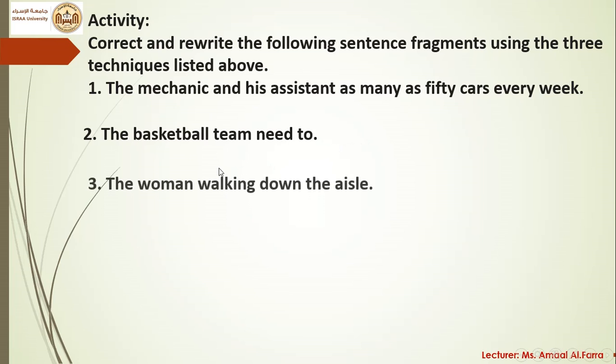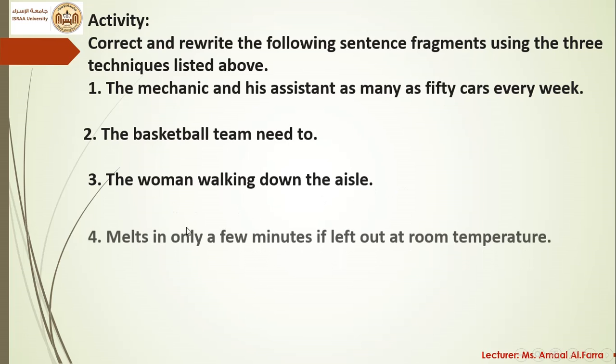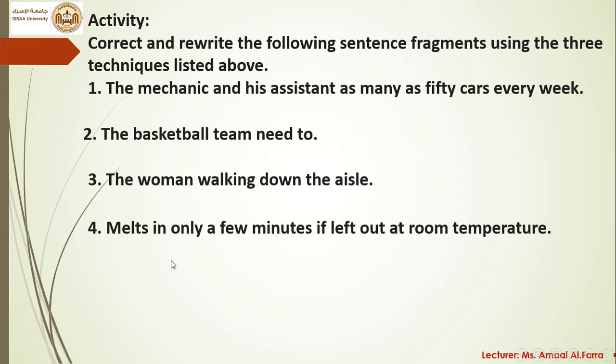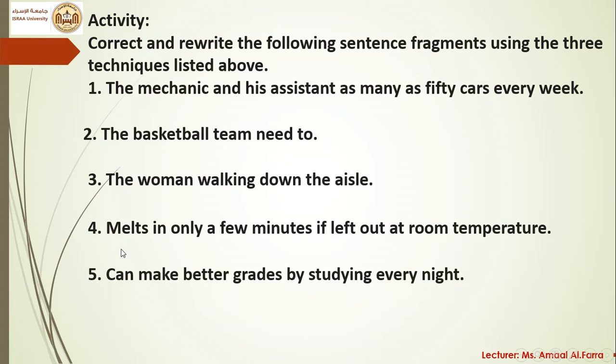Number 3, the woman walking down the aisle, what happened to this woman? Number 4, melts in only a few minutes if left out at room temperature. Where is the subject? What melts? Number 5, can make better grades by studying every night. Who can make better grades by studying every night? So you can correct and rewrite these sentences by adding the missing information.